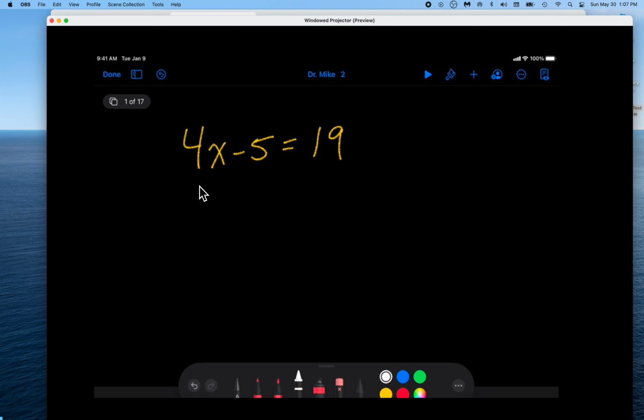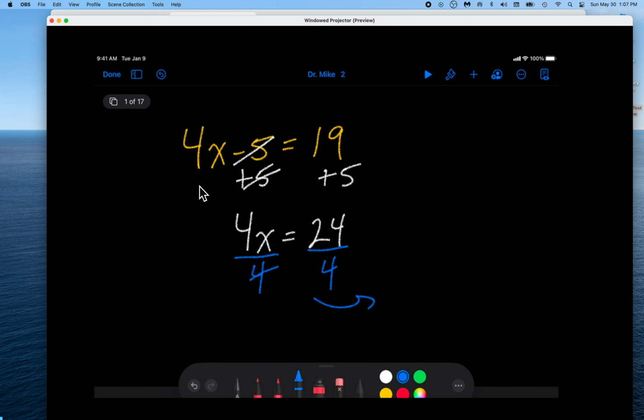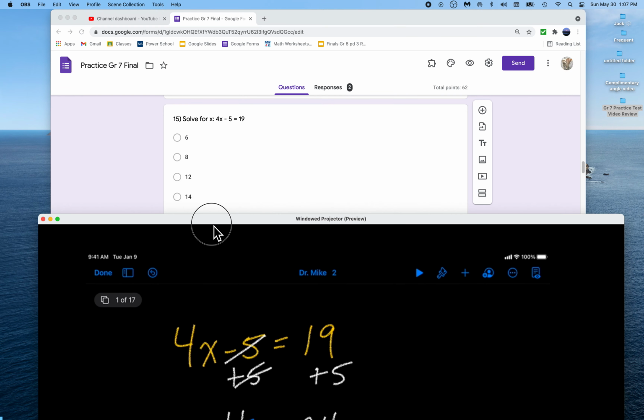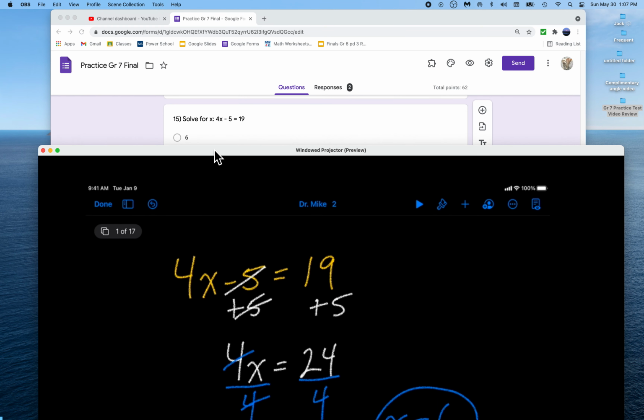We're going to add 5 to both sides to neutralize that. Your final answer right there, x equals 6. Next one.